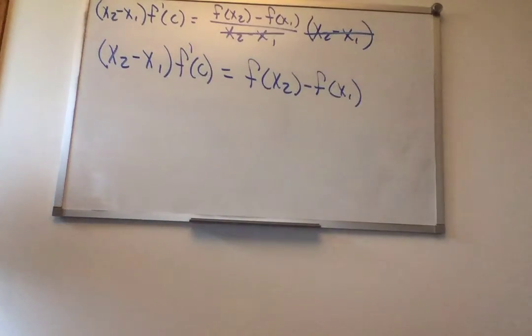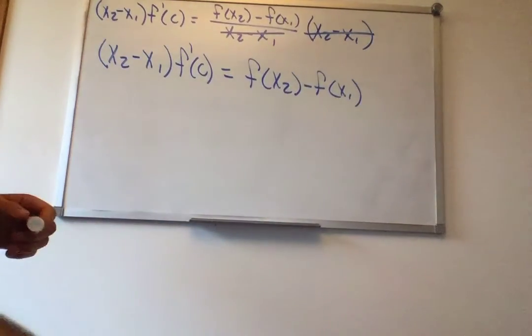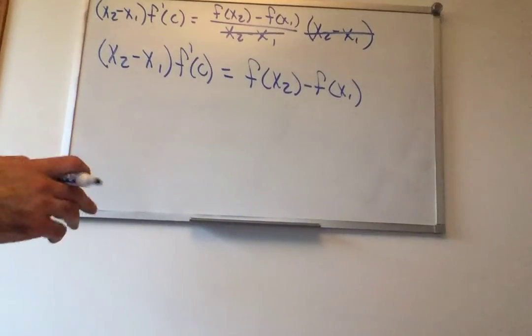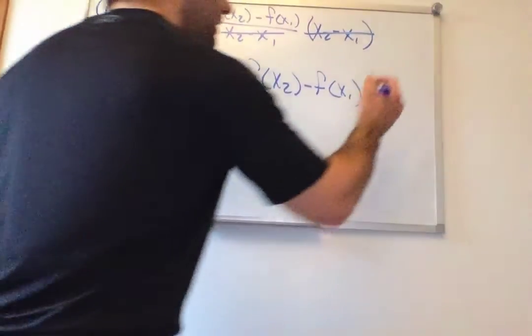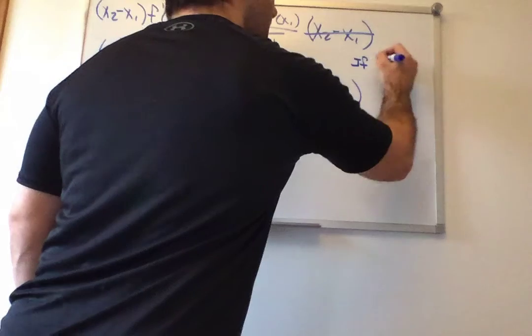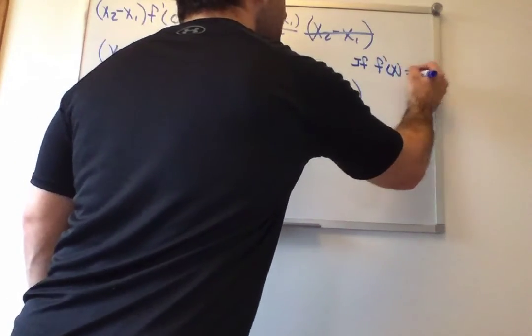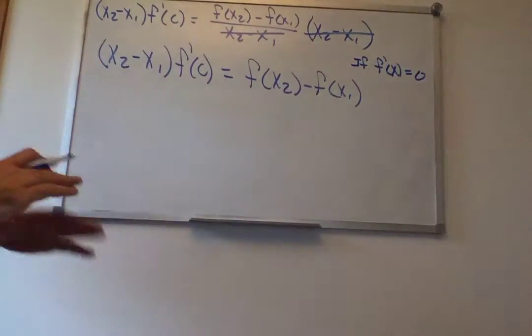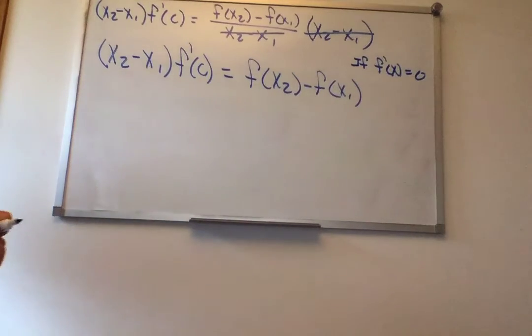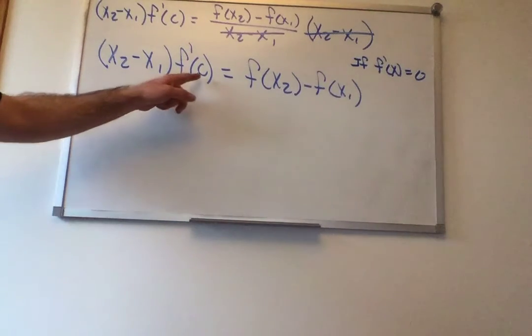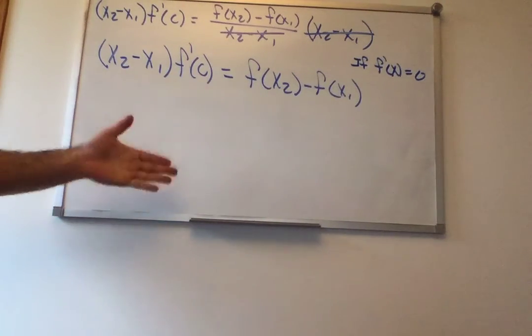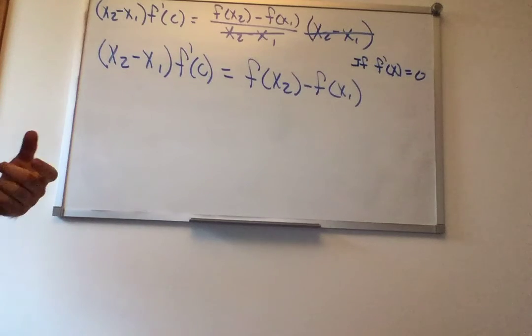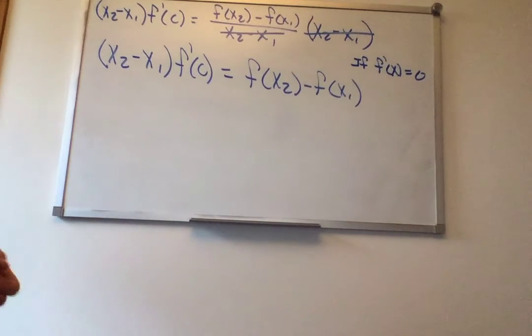So now we're going to use our fact that we were given at the very beginning. It said if f prime of x is equal to 0 for every x inside our interval. Well, c is inside our interval from x1 to x2, but our interval x1 to x2 is inside a to b.